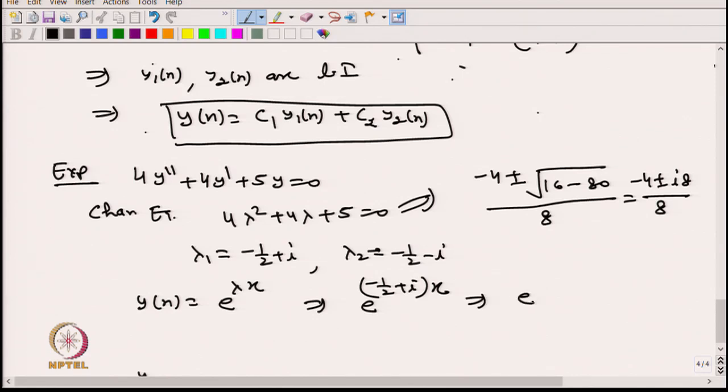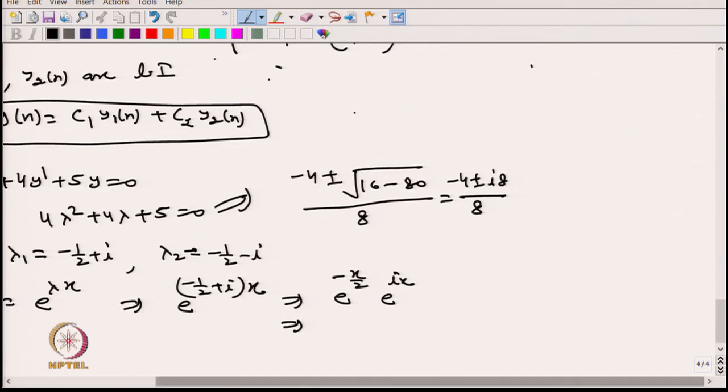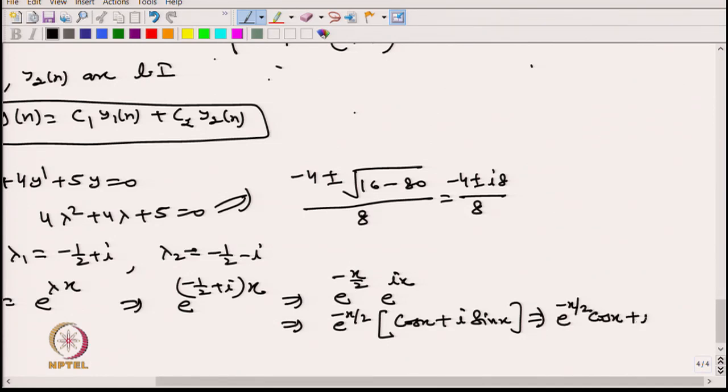So, I will get e minus x by 2 into e raised to power I x. It becomes e minus x by 2, and e raised to power I x becomes cos x plus I sin x. So, I will get e raised to power minus x by 2 cos x plus I times e raised to power minus x by 2 sin x.